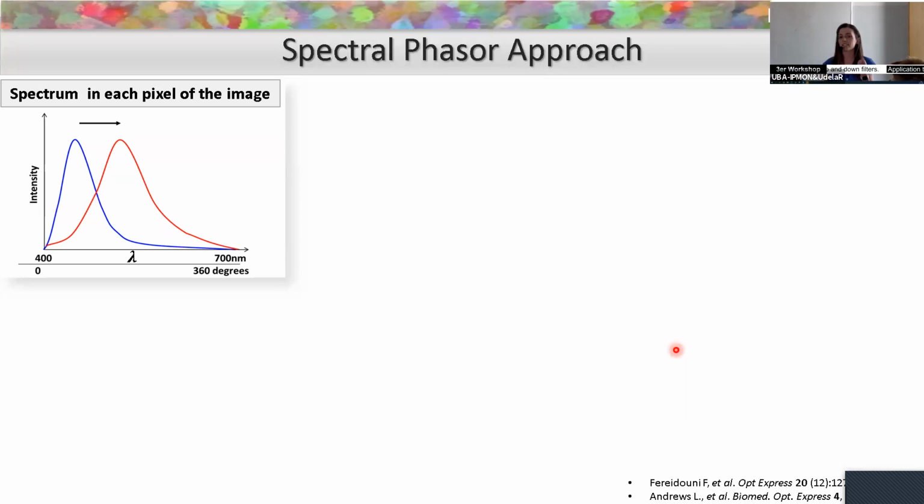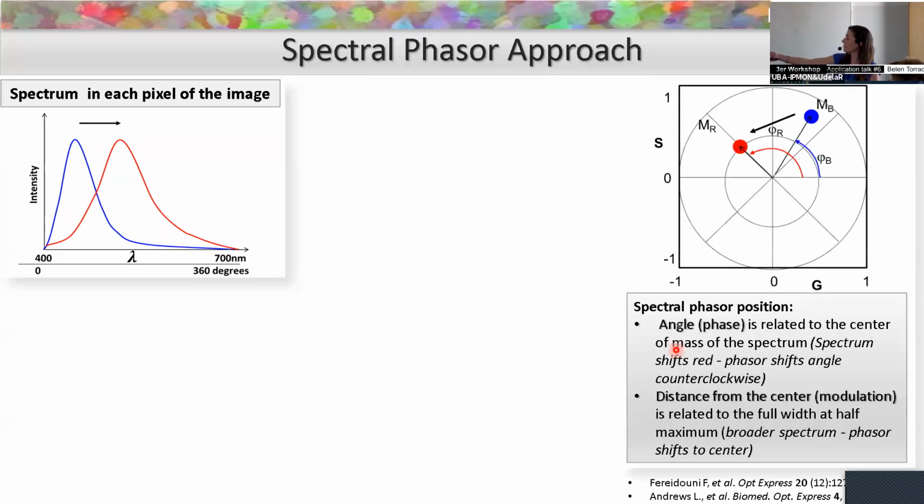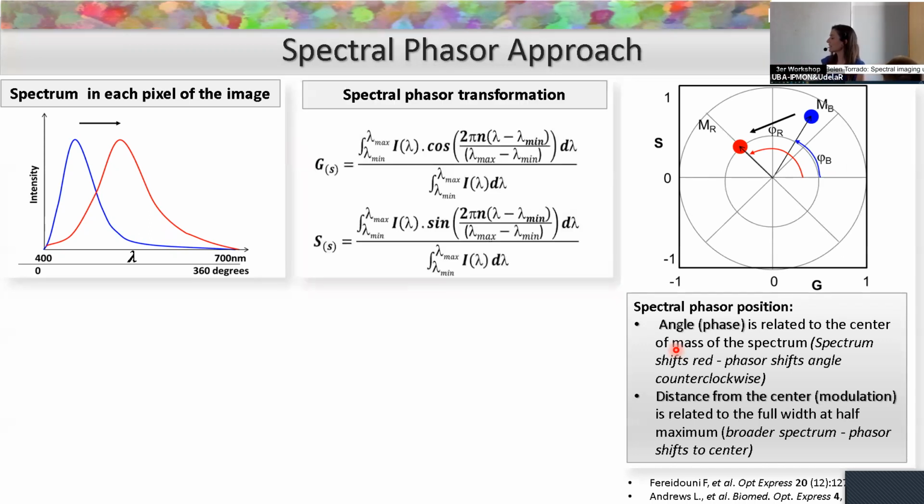We transform the emission spectrum of every pixel of the image into one point in the spectral phasor plot. In a summarized way, the spectral phasor approach is a mathematical transformation in which we transform the emission profile.